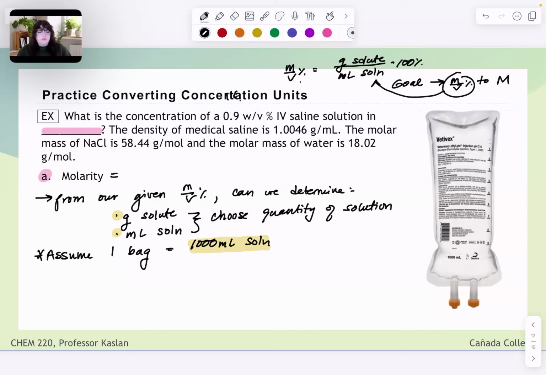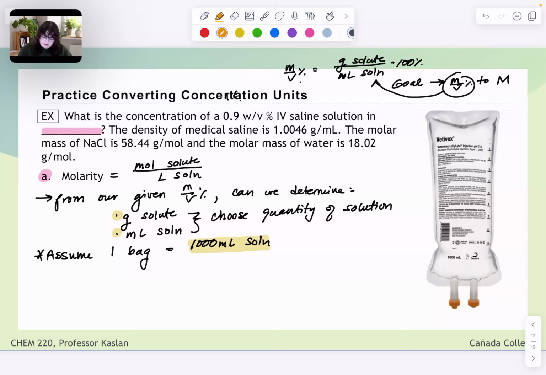Okay, now before we start doing the actual calculations, let's remind ourselves what it is that we're trying to get beyond just the components of the definition of a mass volume percent. We are trying here to find the molarity, which is moles of solute over liters of solution.